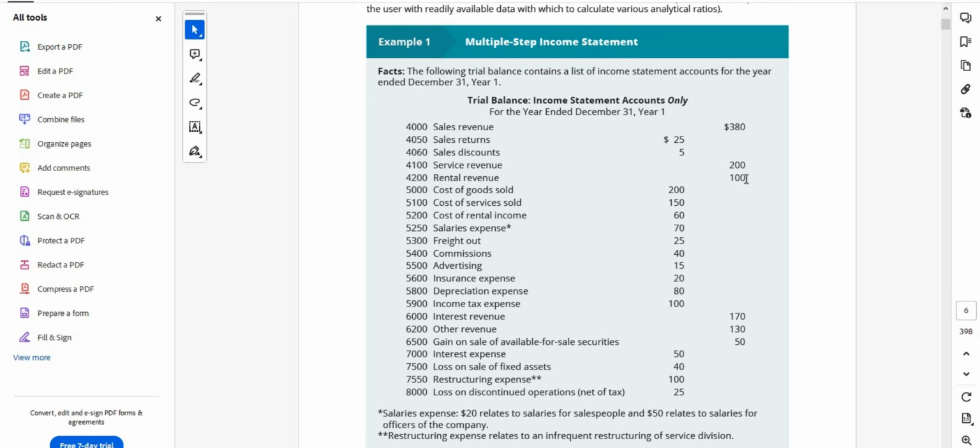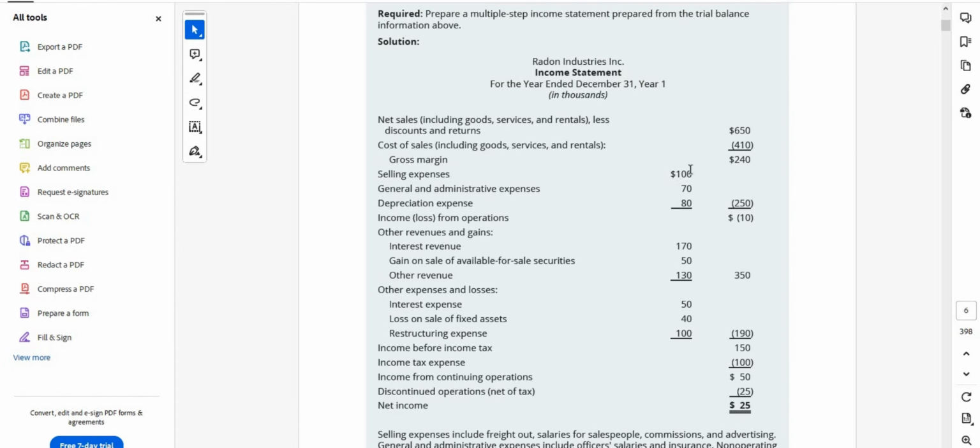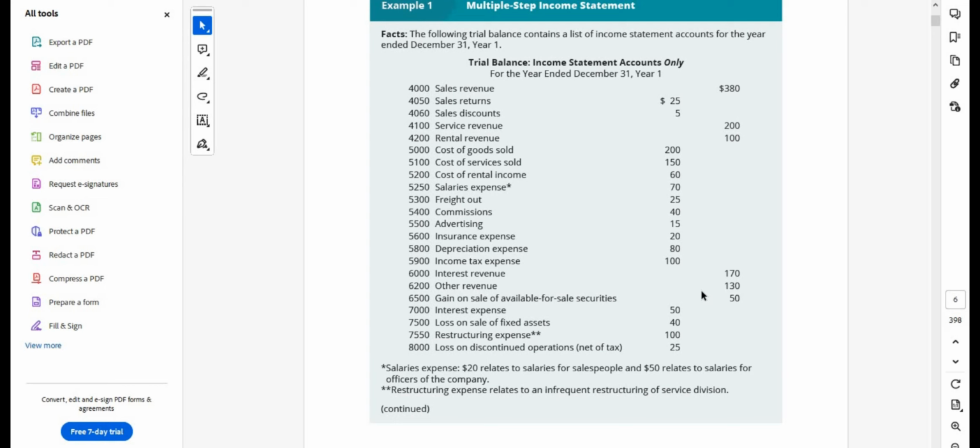Then we add 200 and 100, and it comes to 650. Then we deduct cost of goods sold, cost of service sold, and cost of rental income. These are of operating nature. So we deduct 410, and we get the gross margin.